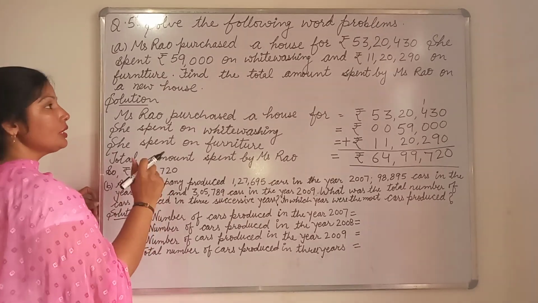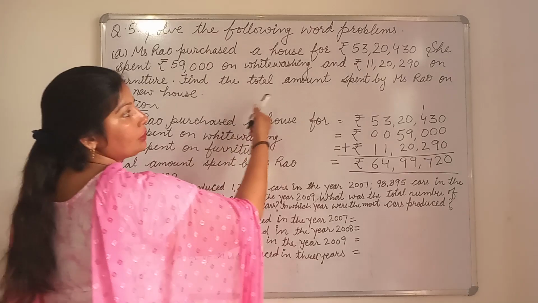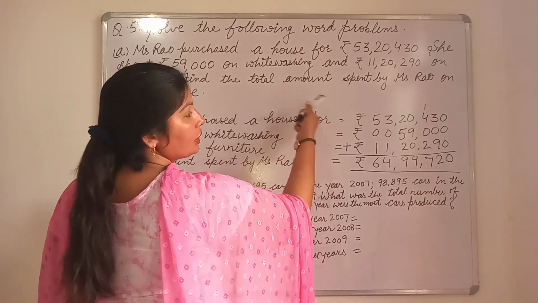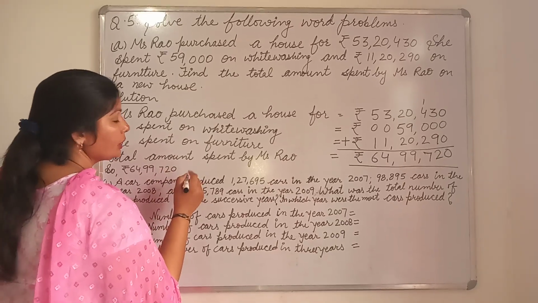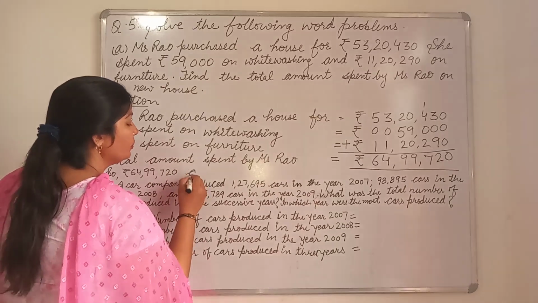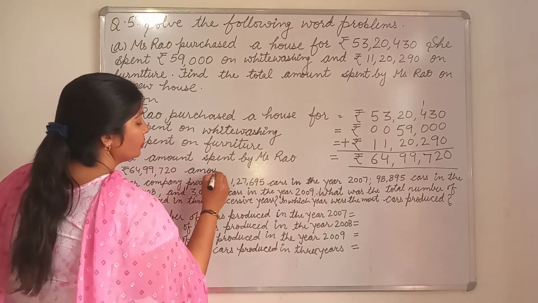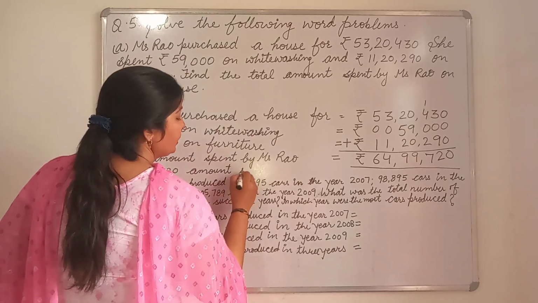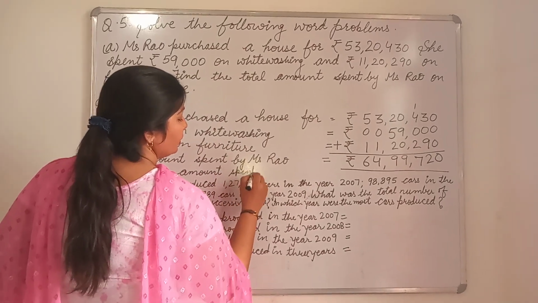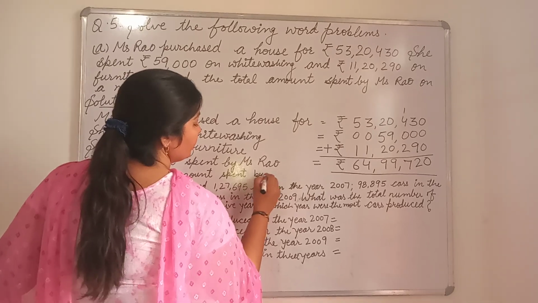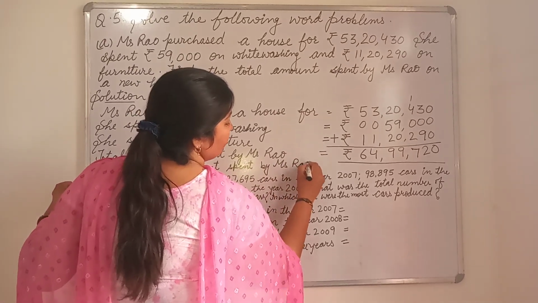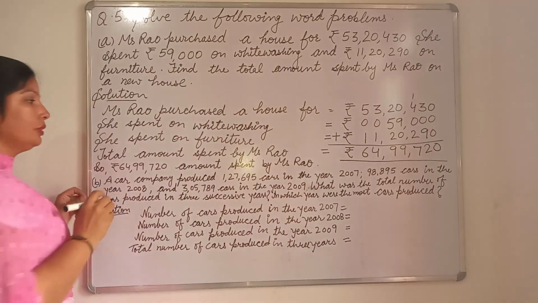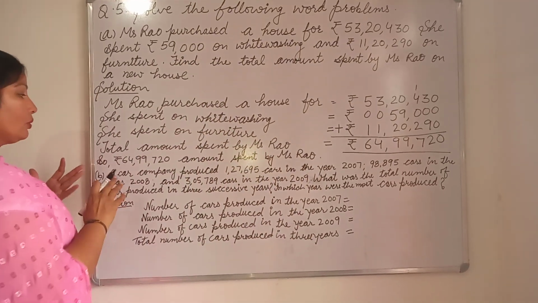So this amount spent by, in the question formation if you are writing, so write in the question formation. Amount rupees, this spent amount spent by Miss Rao. Okay, you can write like this also.